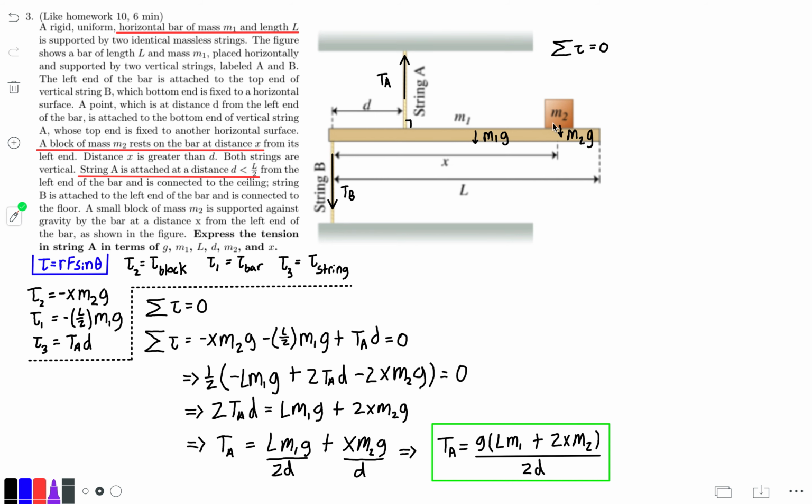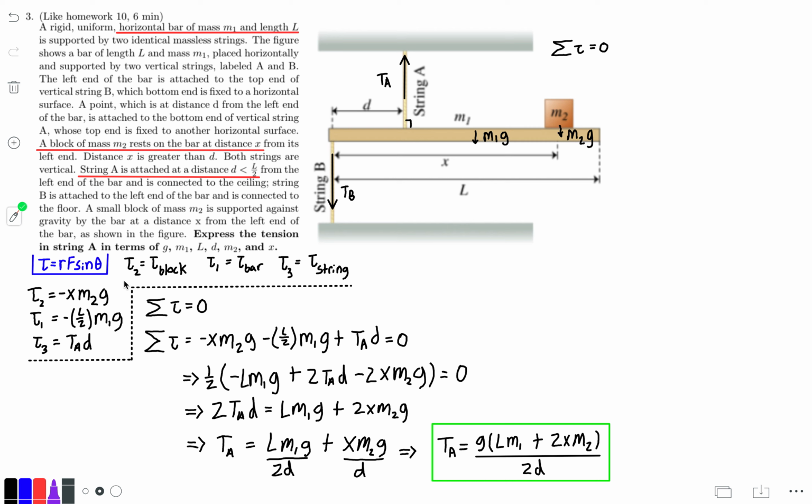We also have the force due to gravity of mass 2, the tension in string A, and the tension in string B. Using these forces, we can identify the sum of the torques and set that equal to 0. That's going to be our game plan going forward.